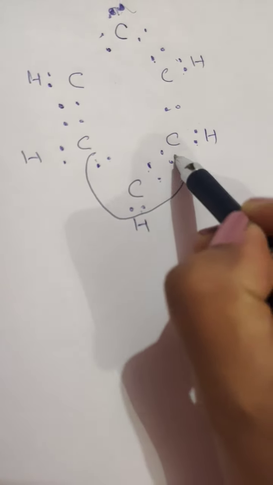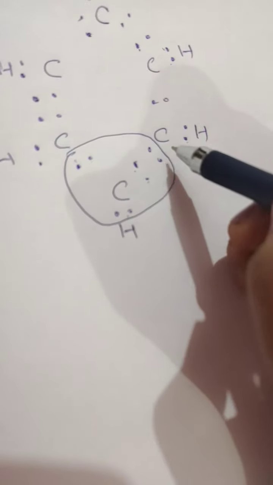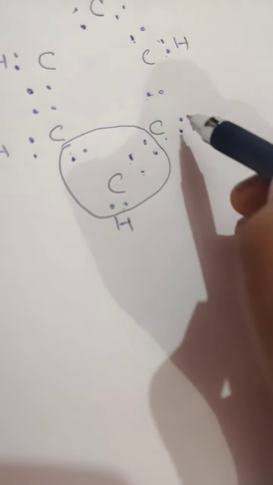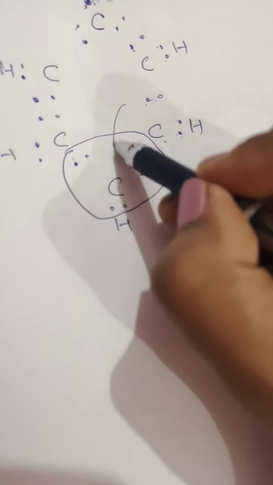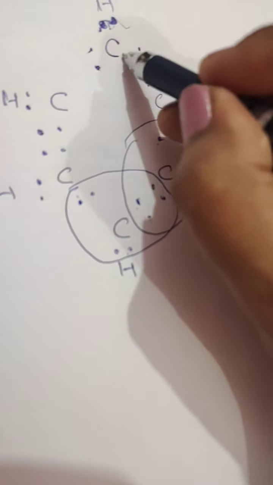So this C has 8 electrons, 1, 2, 3, 4, 5, 6, 7, 8. This C also has 8 electrons, 1, 2, 3, 4, 5, 6, 7, 8.